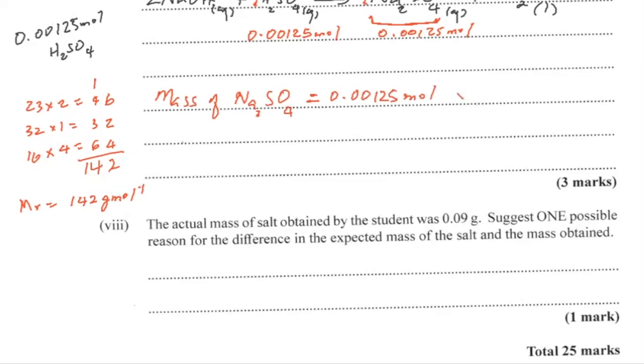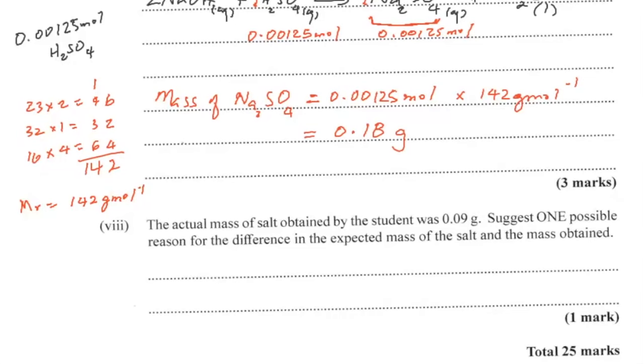And we're multiplying by the molar mass, which is 142 grams per mole. When we punch that in, that should give us 0.18 grams. And then for the final mark to top off that 25, part 8, the actual mass of salt obtained by the student was 0.09 grams.